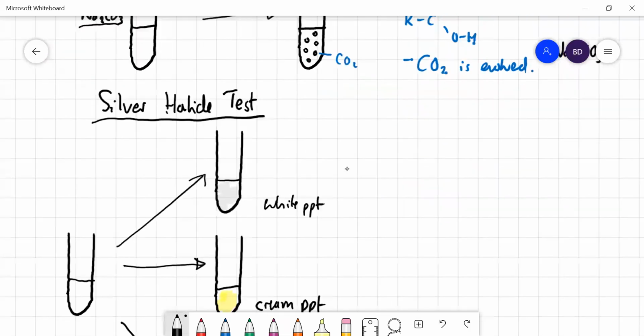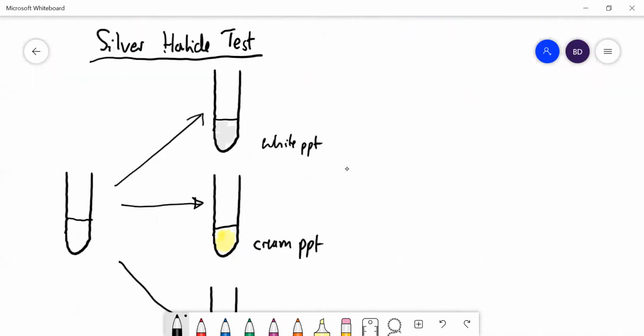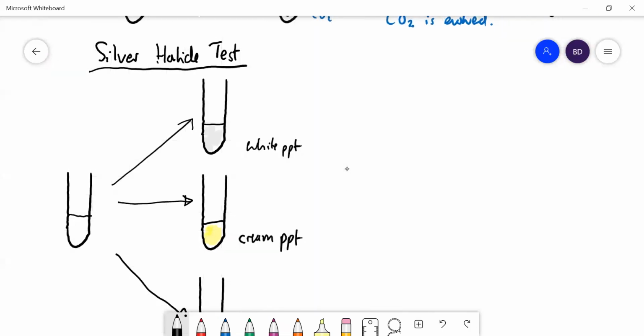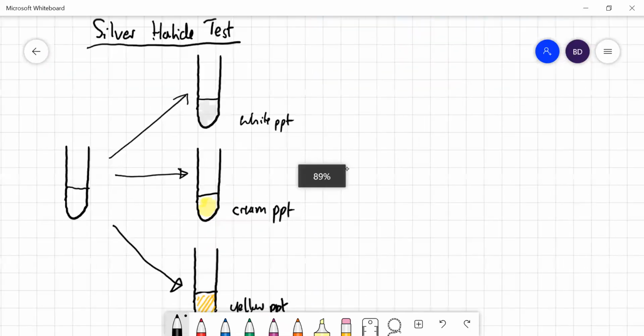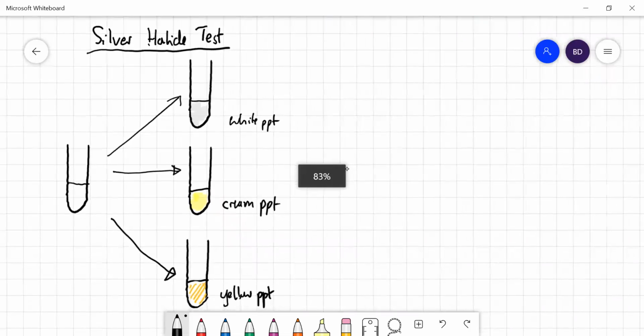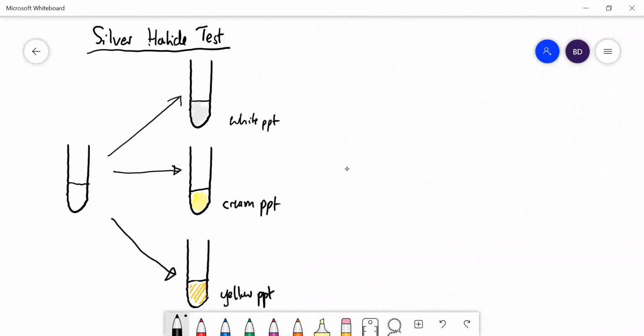Okay, now this one is not quite on the spec, but it's not really not on the spec either. And I have asked it a few times. Silver halide test. You can use this if you're looking for haloalkanes. So say we have bromoethane.